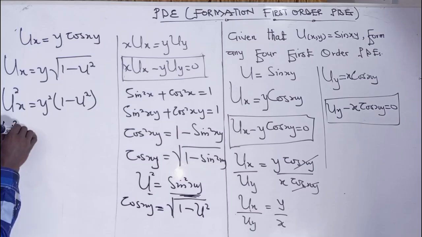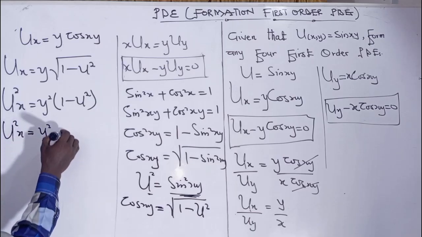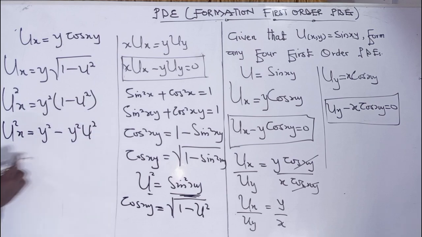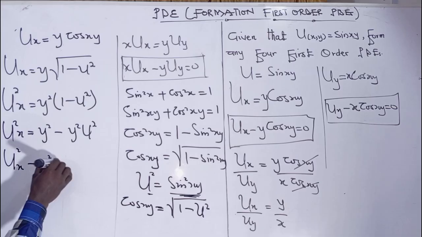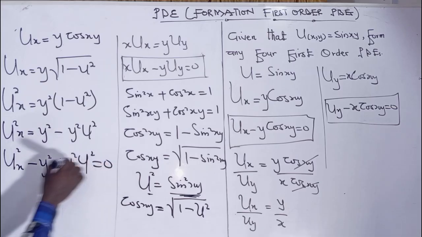We're having u_x squared is equal to y squared minus what? y squared u squared. Let's bring all of them to the left hand side so that we can equate them to 0. So we have u_x squared minus y squared plus y squared u squared is equal to 0.